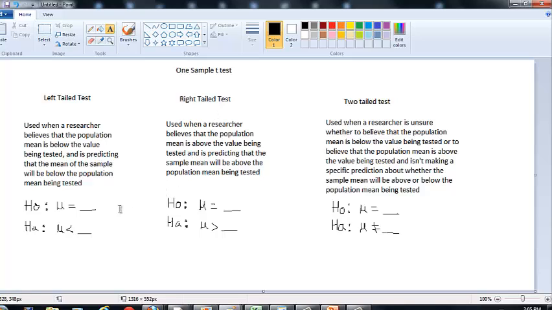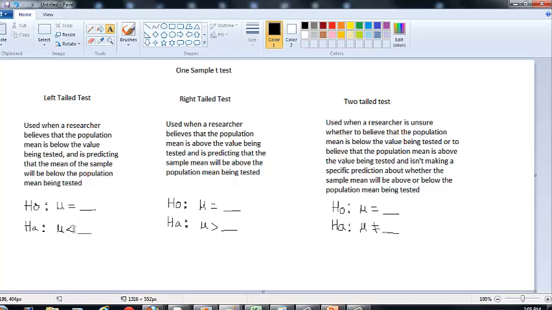And the null hypothesis in a one sample t-test simply shows that the population mean equals the number being tested. That's what it says in all three tests. But the alternative hypothesis is actually what the researcher is hoping to show evidence for.